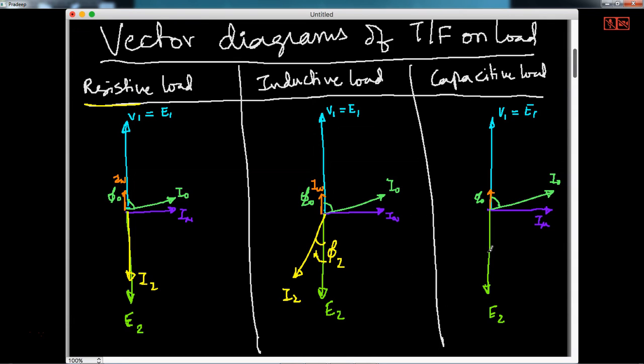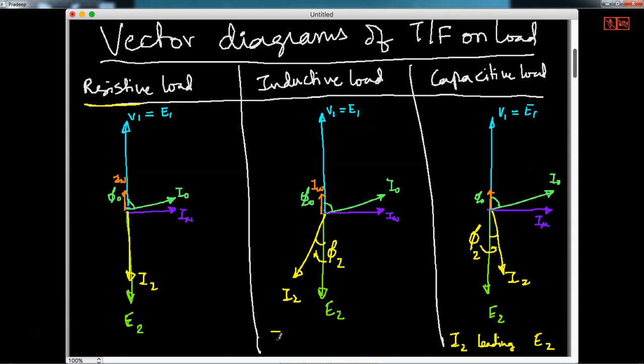Similarly, here I2 will be leading E2, and this is again the power factor angle phi 2. So I2 is leading E2 because it is a capacitive load.